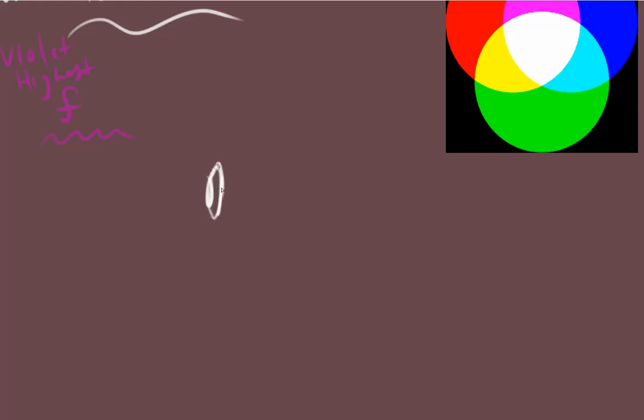So here's your kind of pupil, here's your iris and the cornea. I know the parts of the eye, kind of. And then the kind of eye stem thing in the back that leads up to the brain. This is just going to remain very sketch-like.